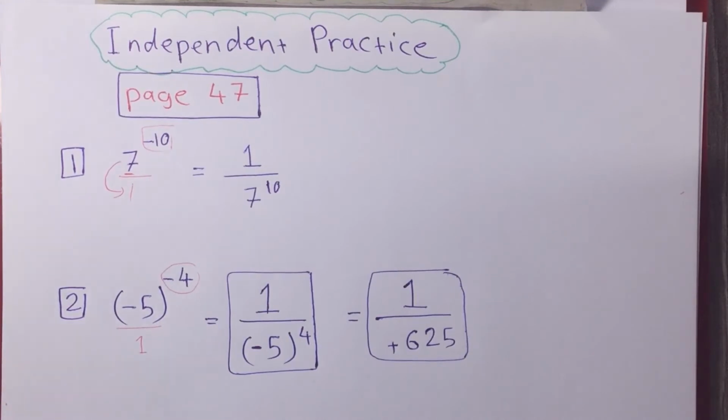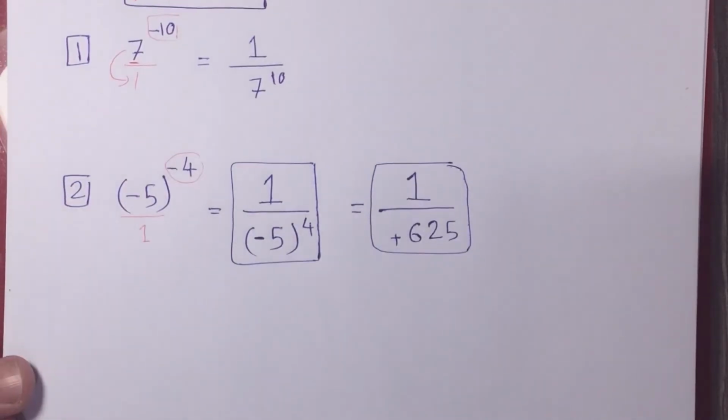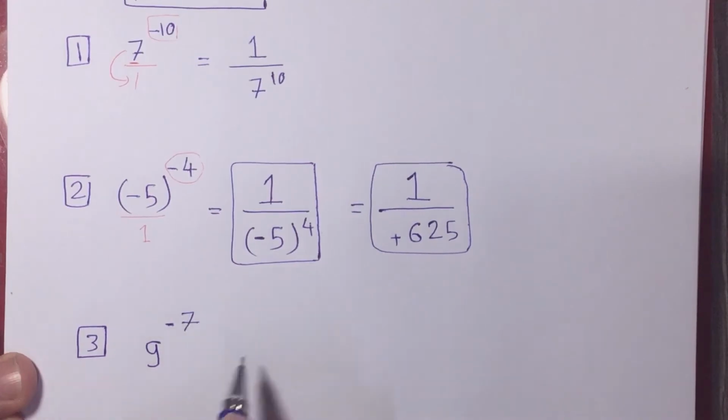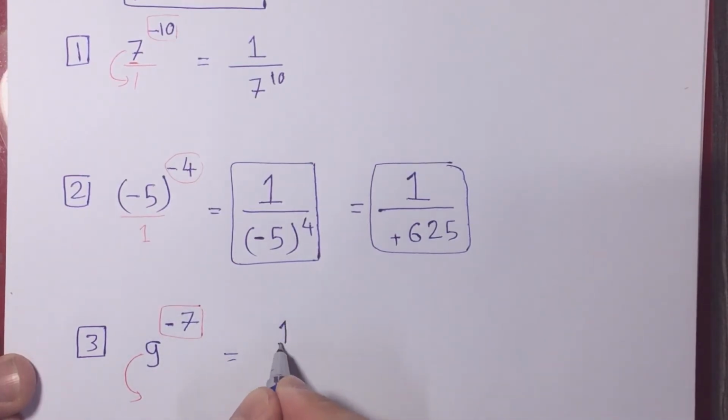Okay, let's move to number 3. Number 3 is g to the power of negative 7. The same rule: we simply change its place from the numerator to the denominator, then change the sign of the exponent. So we can write 1 over g to the power of positive 7.